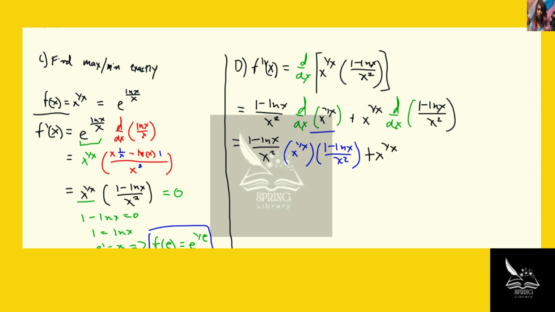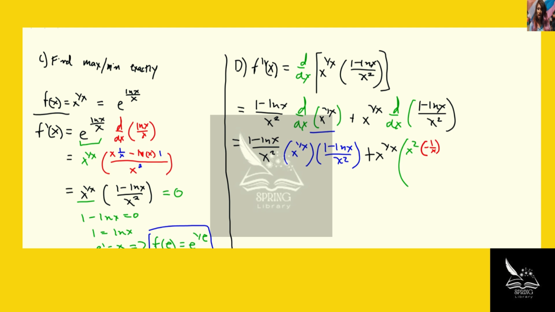And taking the derivative of 1 minus natural log of x over x squared, we're going to need to use quotient rule. So remember it says low, so x squared, d high, so the derivative of what we have in the numerator here, derivative of 1 is 0, derivative of negative natural log of x is going to be negative 1 over x.